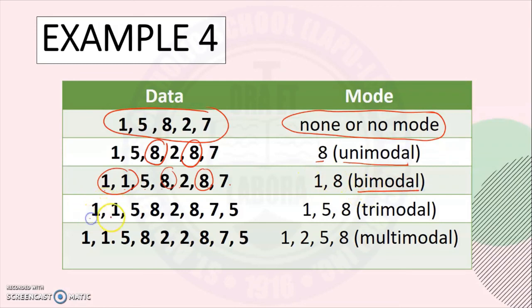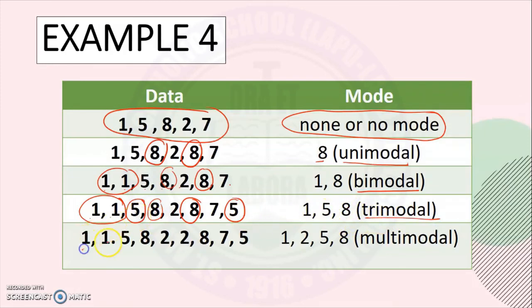Next, 1, 1, 5, 8, 2, 8, 7, 5. As you can see, number 1 occurs 2 times, also number 5 and number 8. So that means there are 3 modes, 1, 5, 8, and this is trimodal.